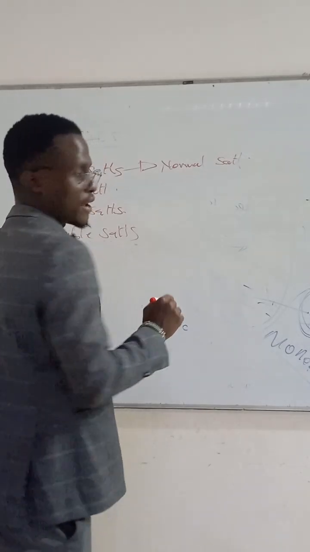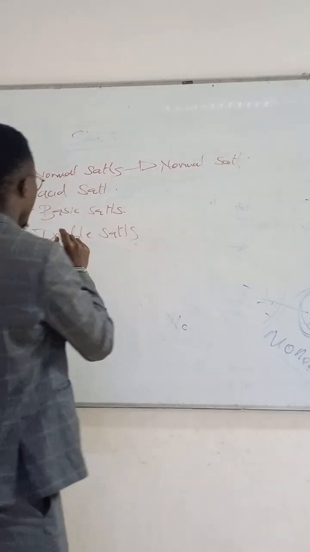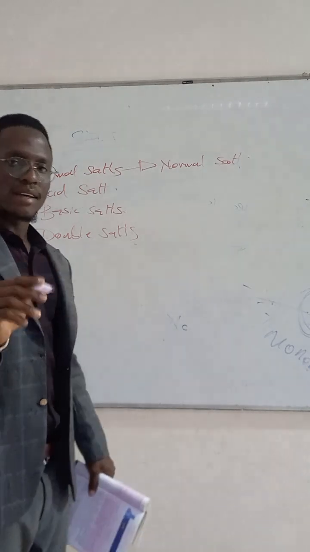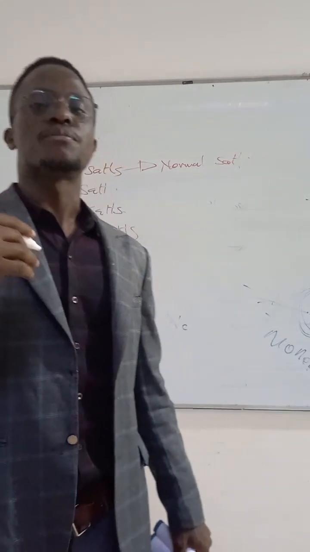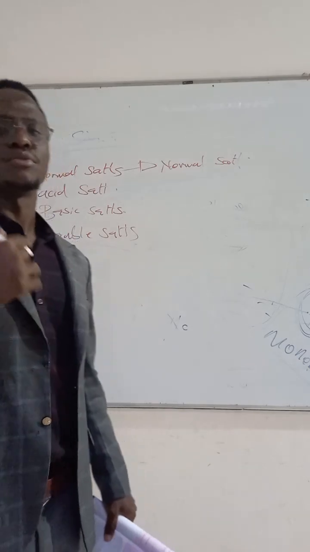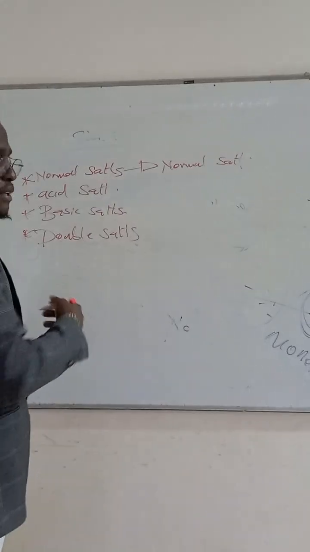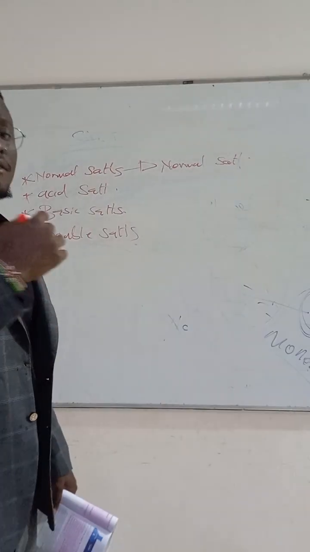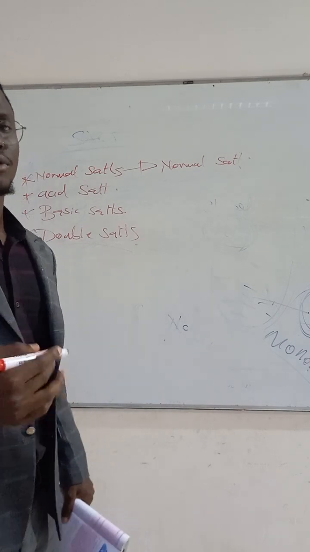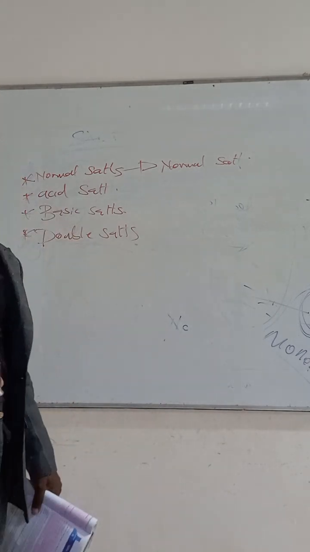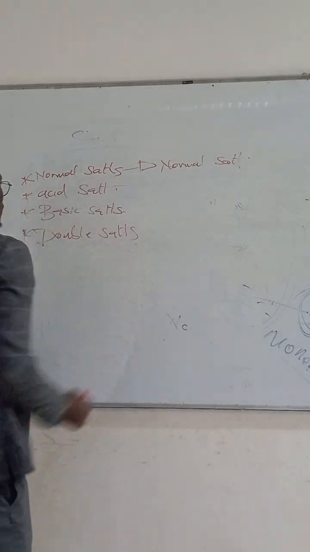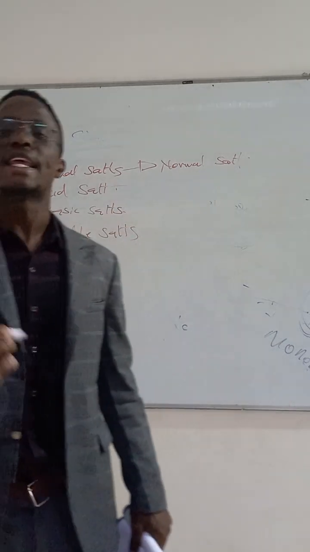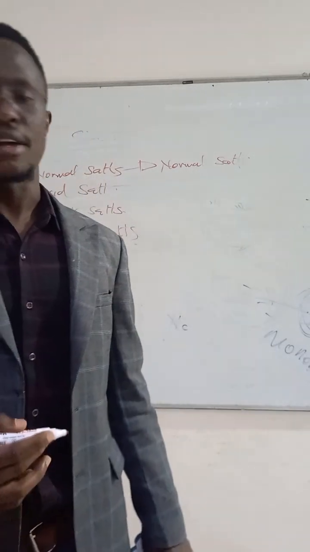What about acidic salts? In my next class, I'll be talking more about normal salts and giving examples. Now I'm just defining. A normal salt is a salt that does not contain any replaceable hydrogen atom. An acidic salt is a salt that contains replaceable hydrogen atoms.